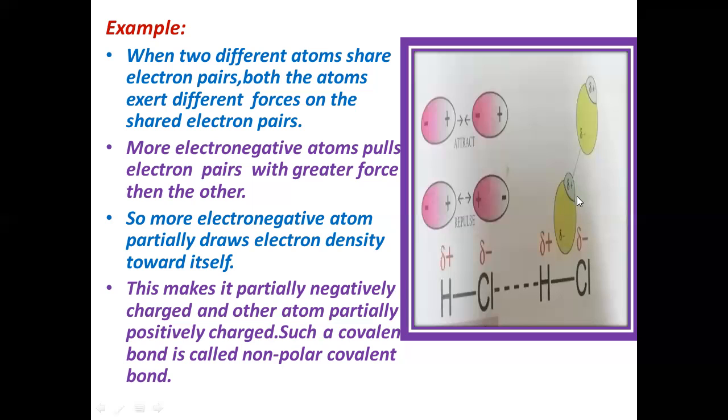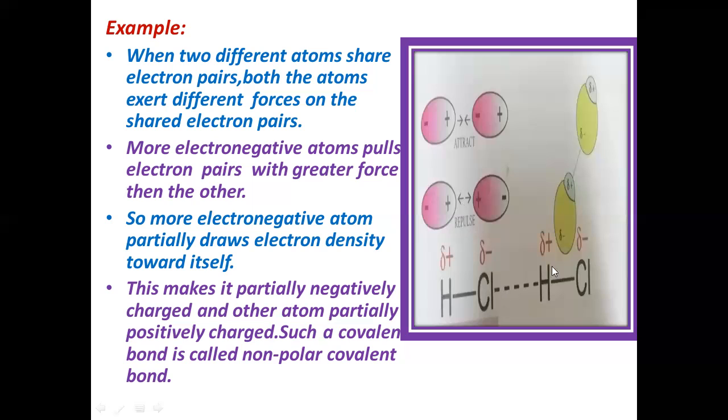In this case, you can also see that the positive end of one polar molecule will attract the negative end of another polar molecule. Hence, partial negative charge will appear on this molecule and partial positive charge on this molecule. And one more thing, you know that like charges repel each other, and opposite charges attract each other.